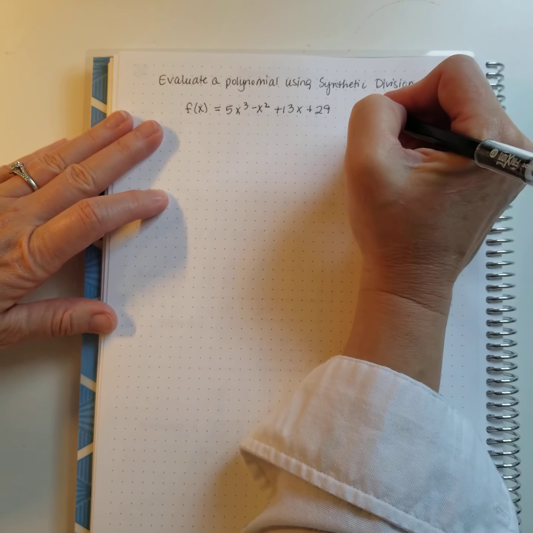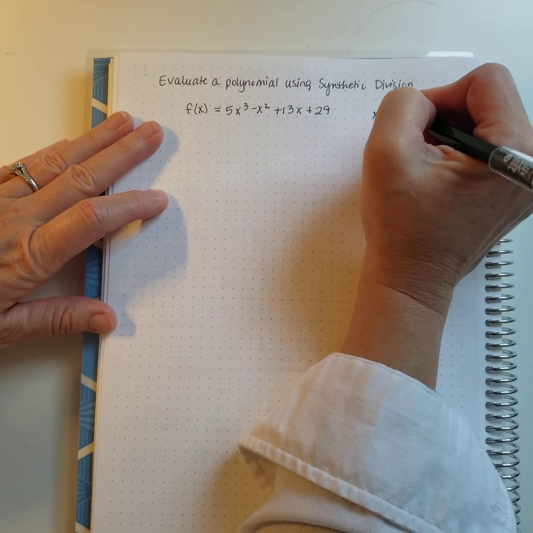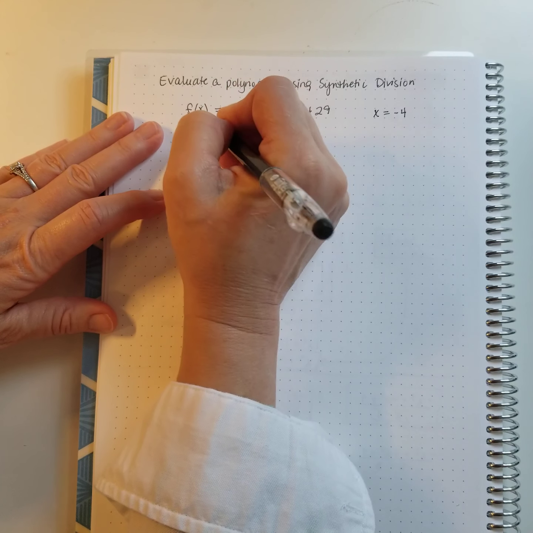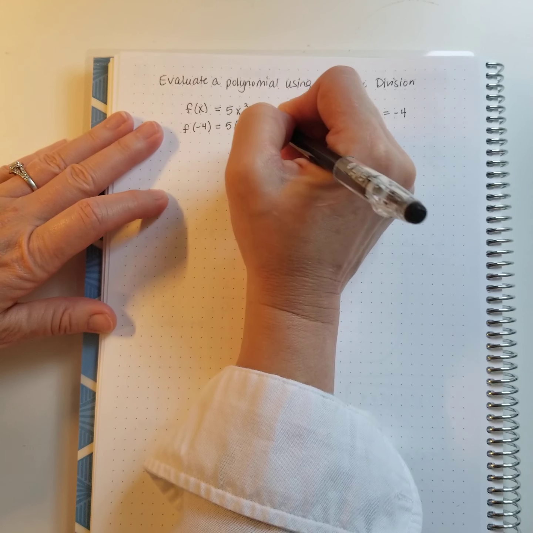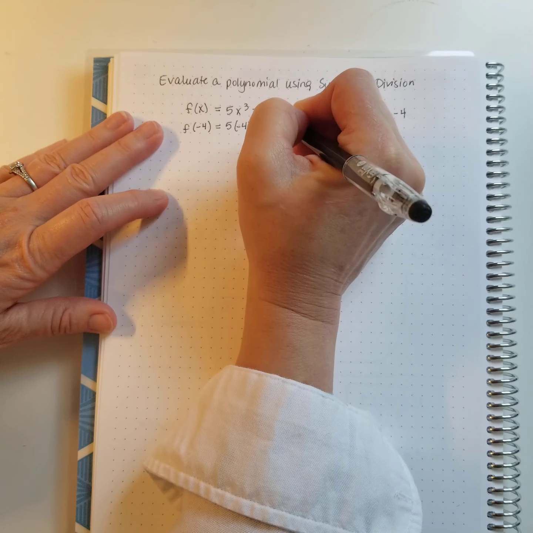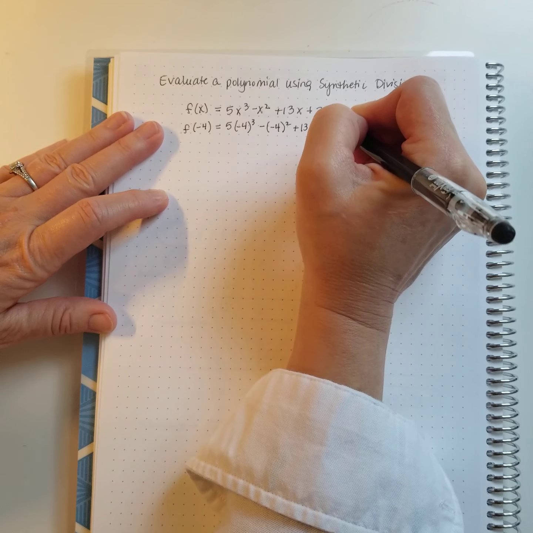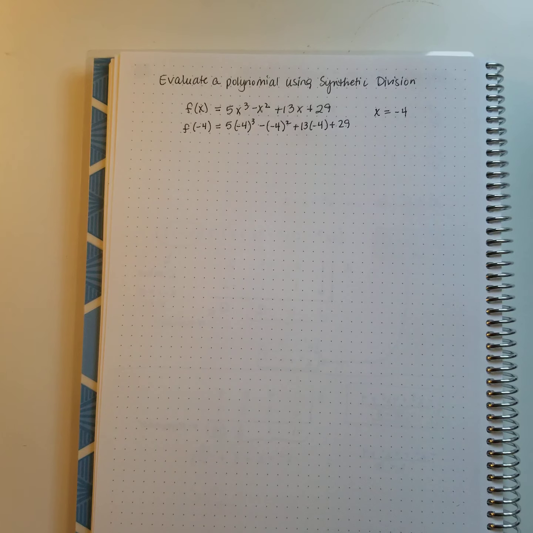And we want to know, what is the value of the function when x equals -4? Well, we could just plug that in for x, make our substitution, and simplify that. We could also use synthetic division.